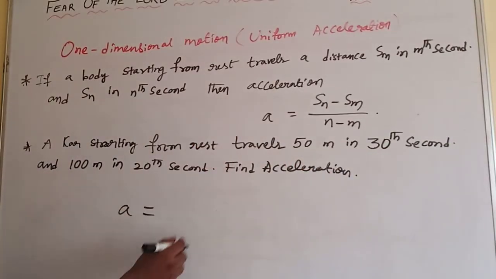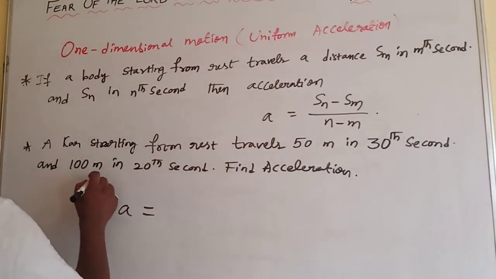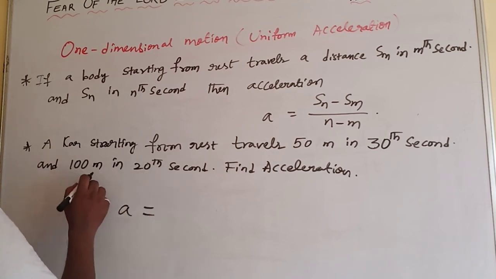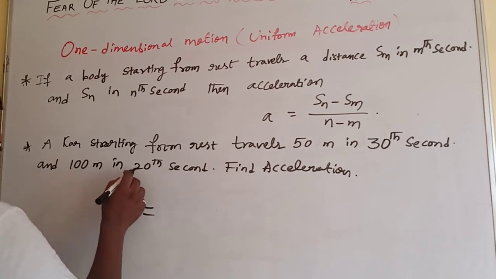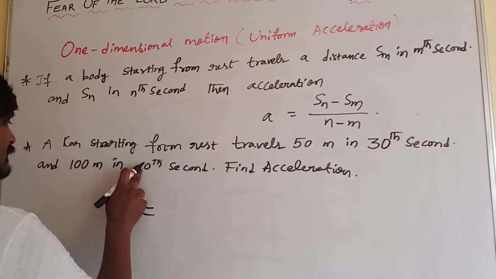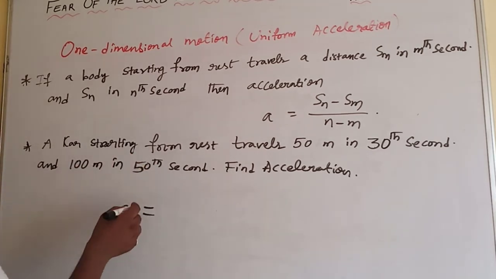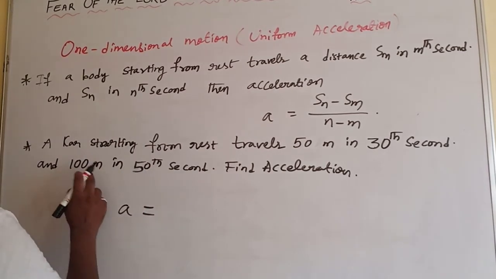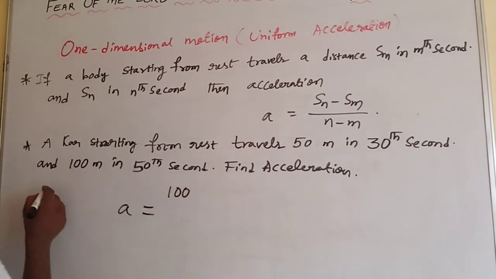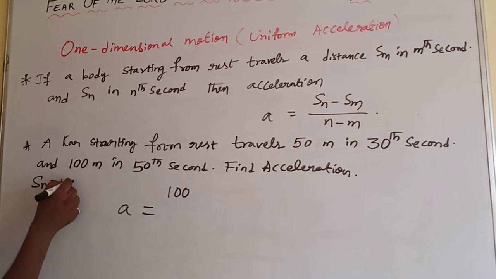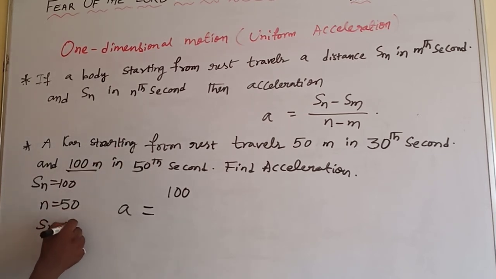So acceleration a is equal to Sn minus Sm upon n minus m. Sorry, it is not 28th second, it is 50th second. Here Sn is 100, whichever the final one, and n is equal to 50. Same way Sm is equal to 50, m is equal to 30.